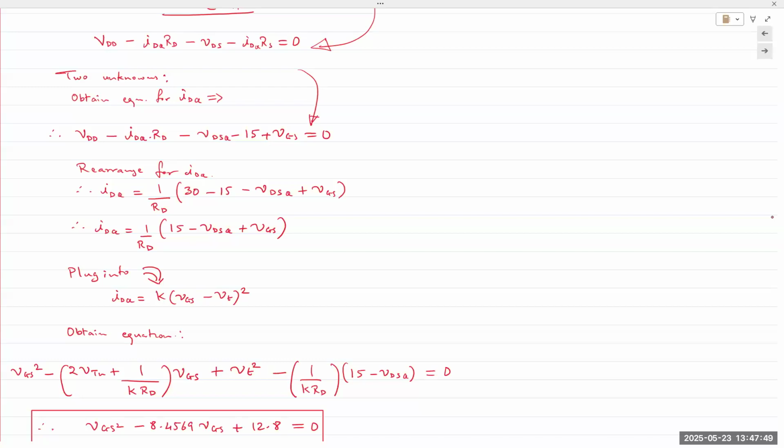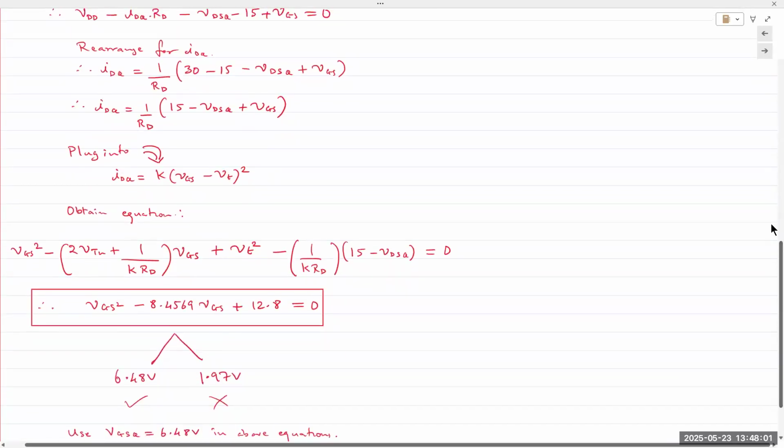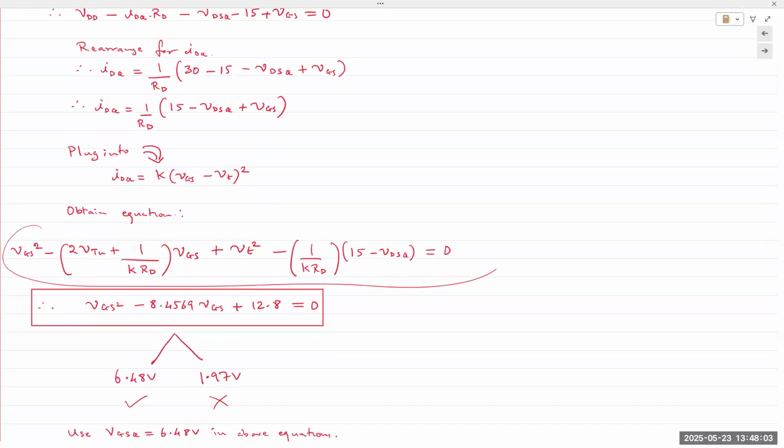We equate them together, rearrange the terms, and obtain our quadratic equation in this form, where the only unknown left is VGS.